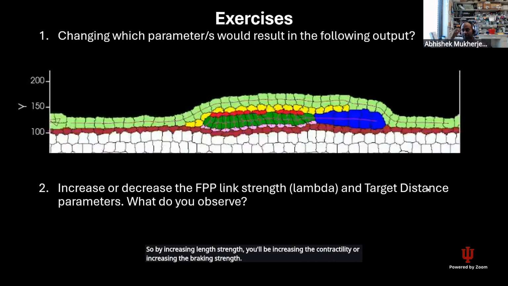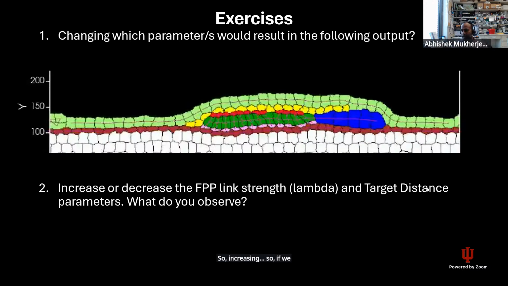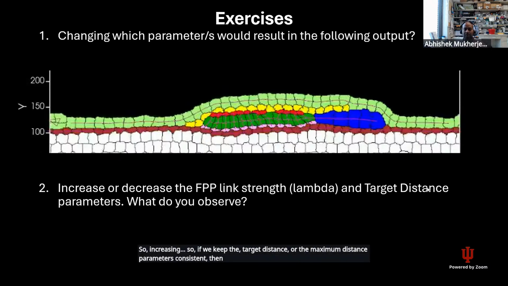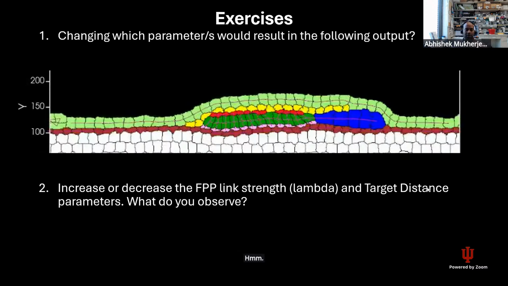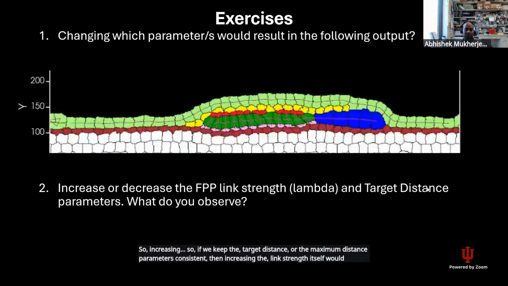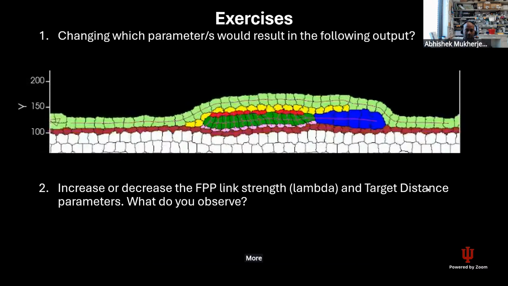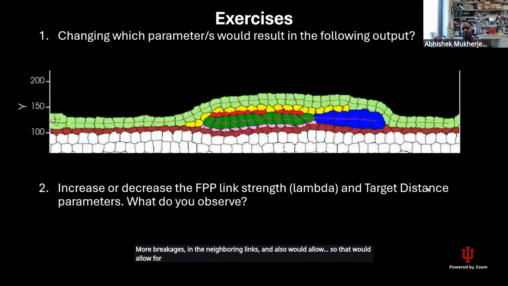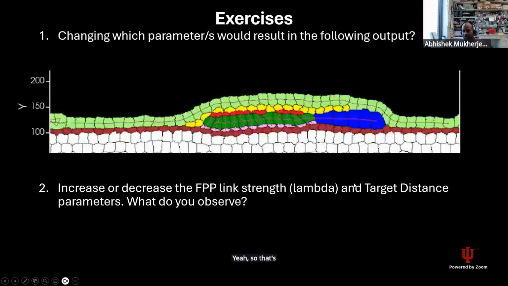If we keep the target distance or the maximum distance parameters consistent, then increasing the link strength would lead to more breakages in the neighboring links, and that would allow for smaller rosettes but more rosettes.